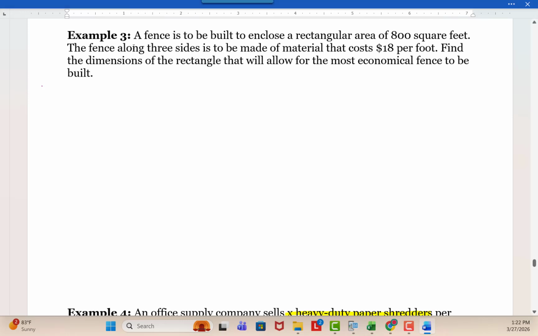And for this one, it should say the fence along three sides is to be made of material that costs $6 per foot. Let me add that here.